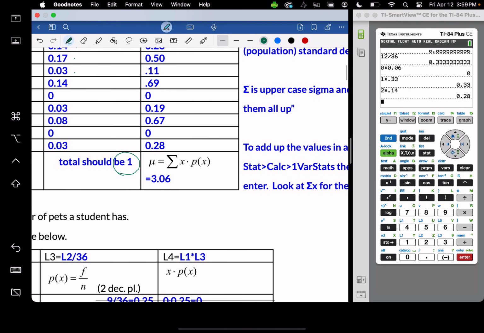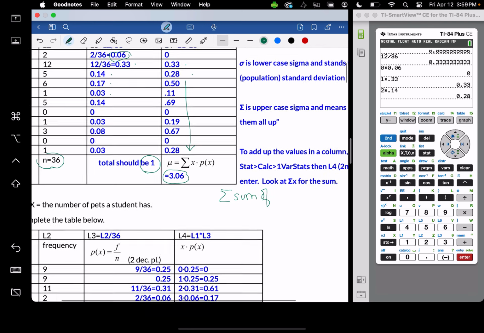This says mu is equal to, and then this sigma notation means the sum of all of the x times p of x values. So all this means is add up all these values. When you total them, you're going to get 3.06.